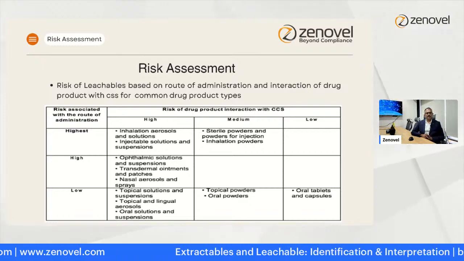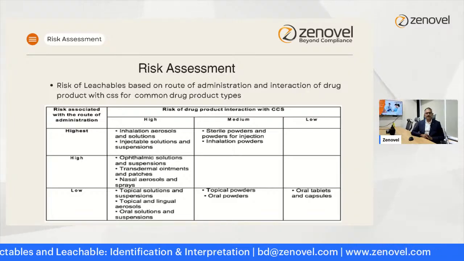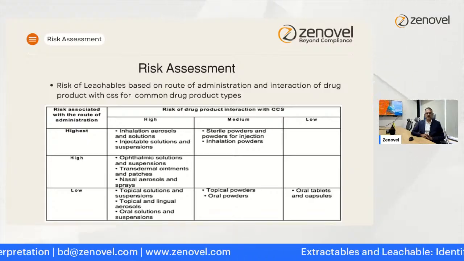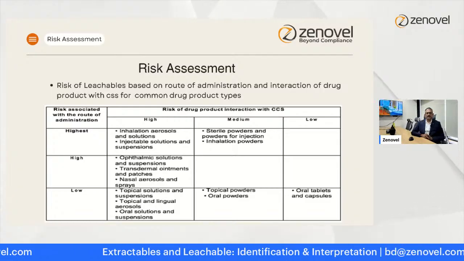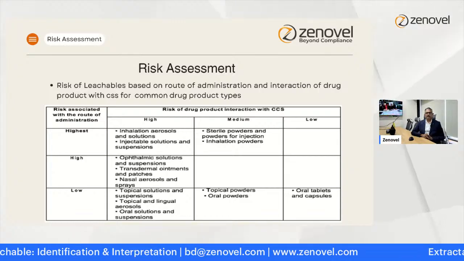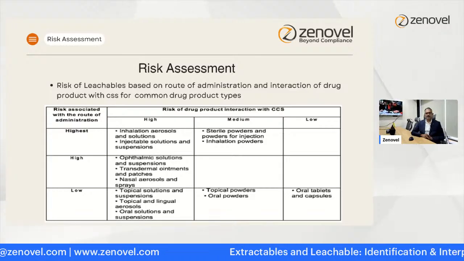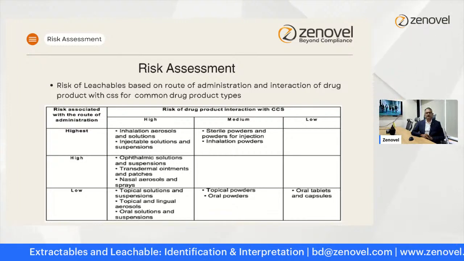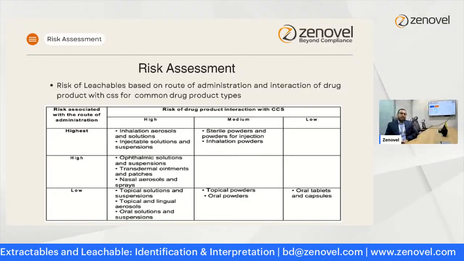And if the risk associated with the route of administration is low, and we are using topical solutions and suspensions, topical and inguinal aerosols, and oral solutions and suspensions, then the risk of drug product interaction with the CCS is very high. For topical powders and oral powders, the risk is medium. And if we are using oral tablets and capsules, then the risk associated with drug product interaction with the CCS is very low.